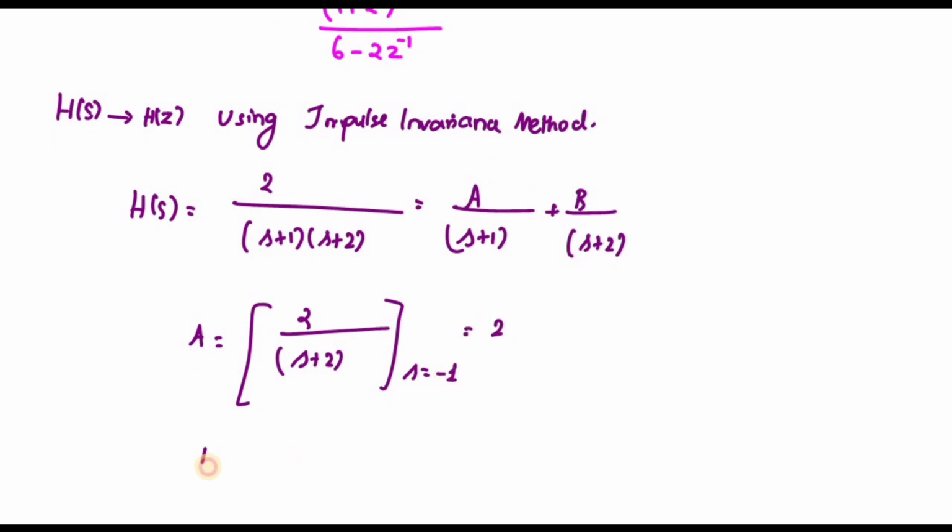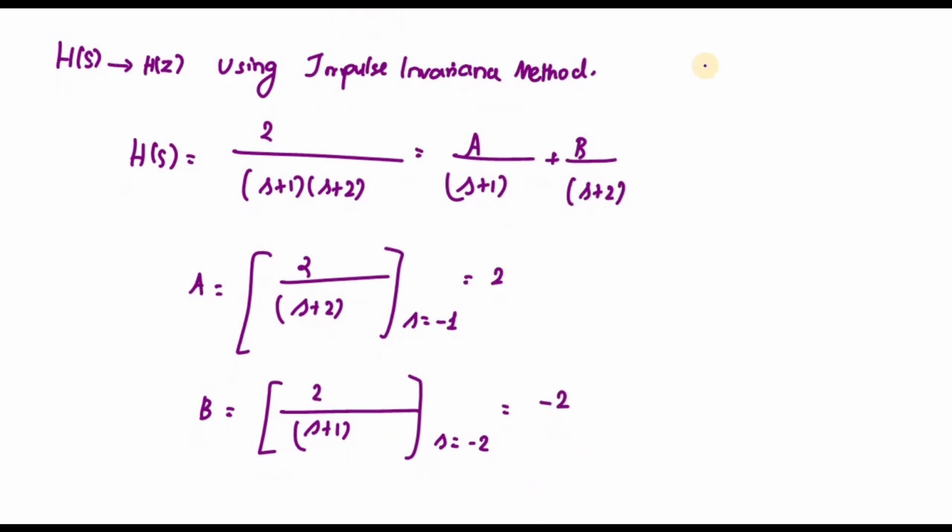Similarly, B is equal to 2 divided by, from this equation if we remove (s plus 2), because for B I have (s plus 2), I will get (s plus 1). And if I equate the denominator to 0, s is equal to minus 2. So if I substitute, I will get B is equal to minus 2. So similarly, substituting in this equation, we will get 2 divided by (s plus 1) minus 2 divided by (s plus 2).